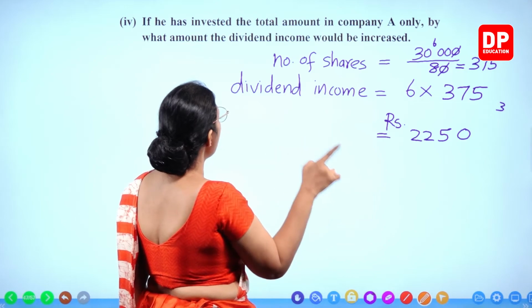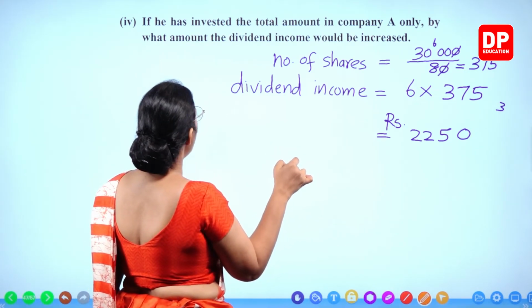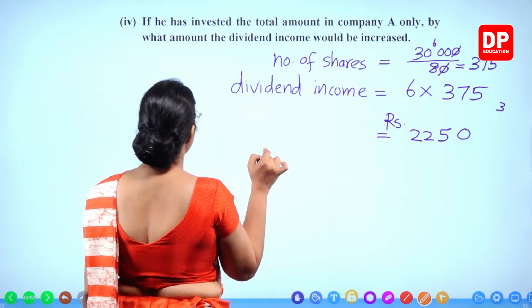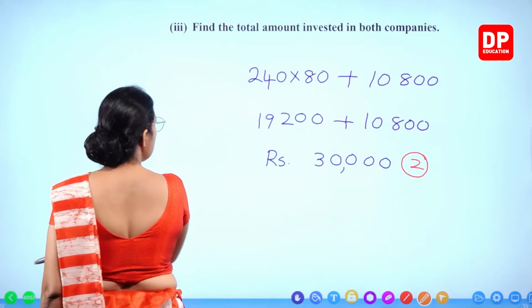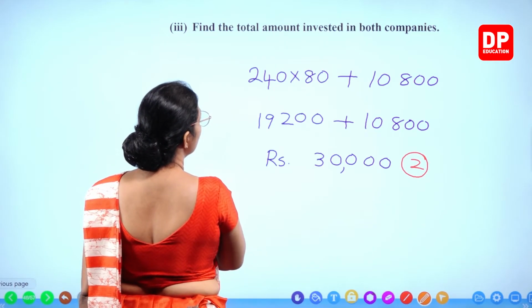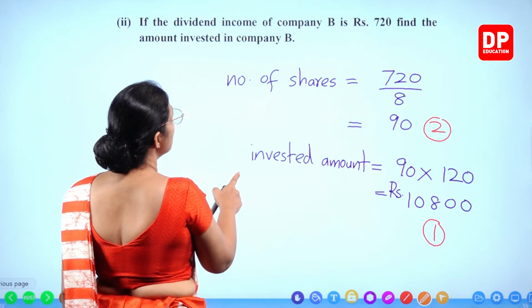But what is the increased amount? What amount would the dividend income be increased by? So what is the total dividend income we found before?